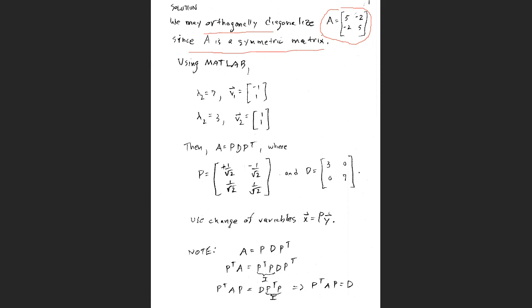In MATLAB, if you put this matrix A in and use the command [V,D] = eig(A), and I don't have enough room to write it, so let me do this right here.